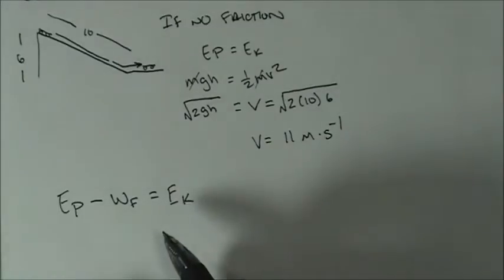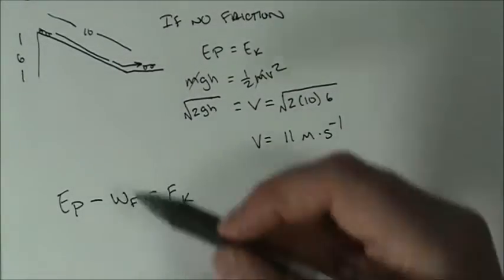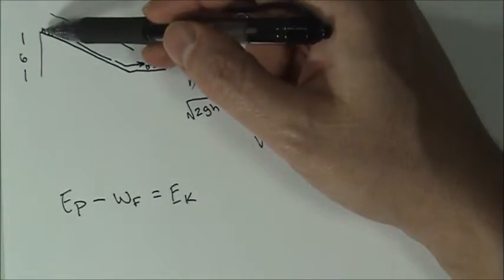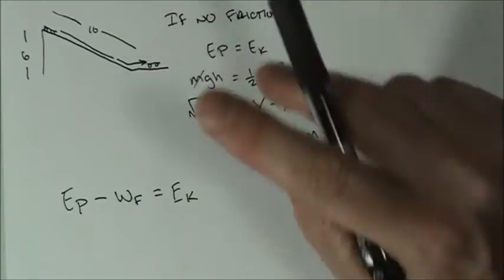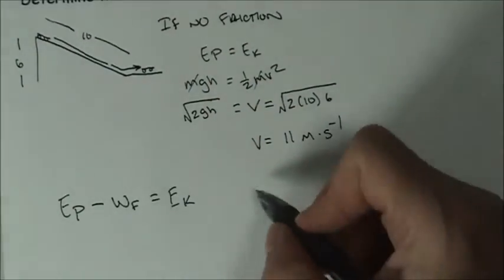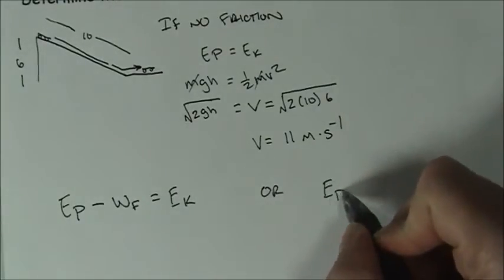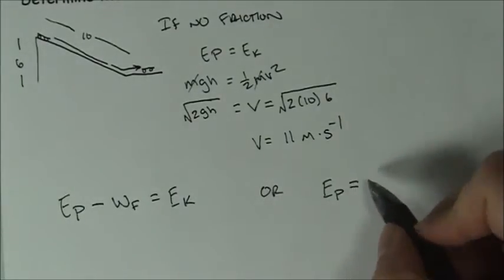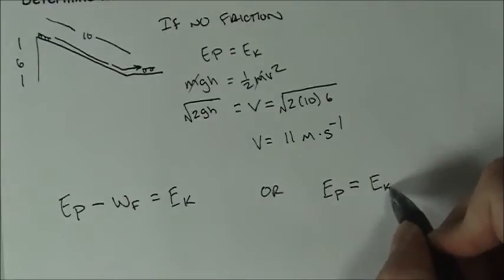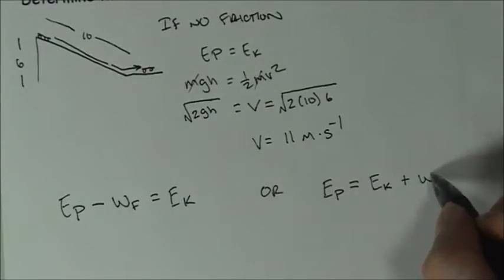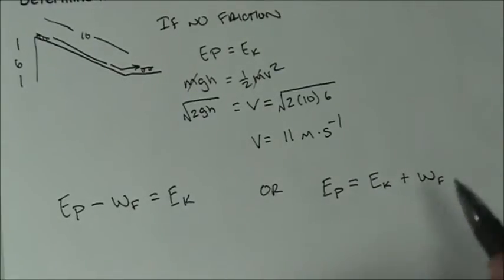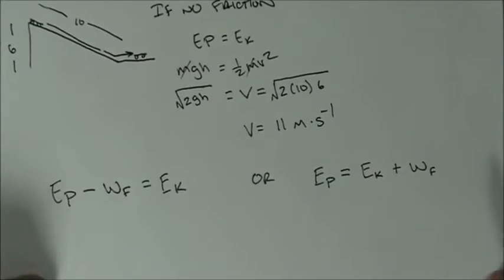Right? But obviously, another way of thinking about it is that the potential energy that it has at the top, by the time it gets to the bottom, will have been transformed into two different forms. And so what we might say is that EP was transformed into kinetic plus the work that was done by friction. And it should be pretty obvious that this is the same equation.